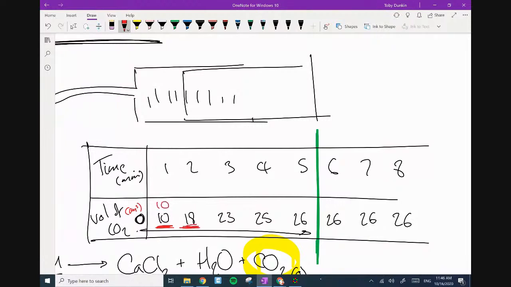So we had 10, then we had 8. And then in the third minute, I made 5. It's just the difference between them, by the way. Gone up by 8, gone up by 5. The next one only goes up by 2. The next one only goes up by 1. And the last one's 0. Guys, here's my question to you. Why is the reaction slowing down?